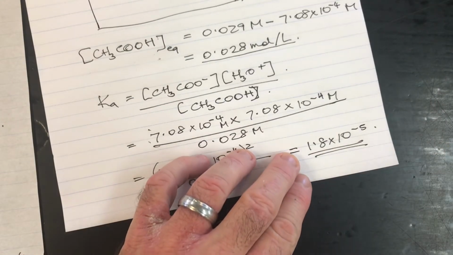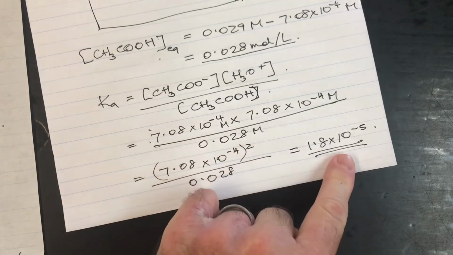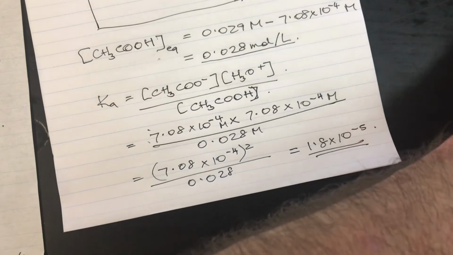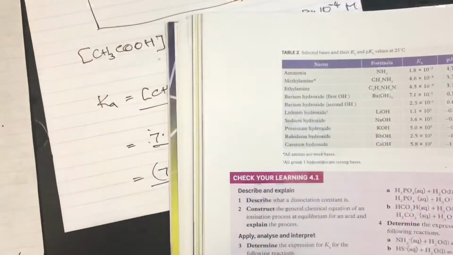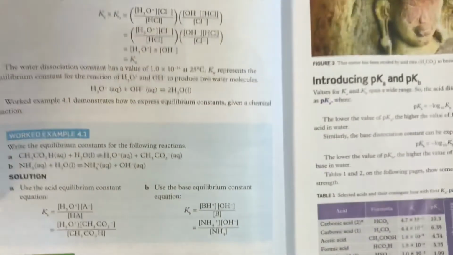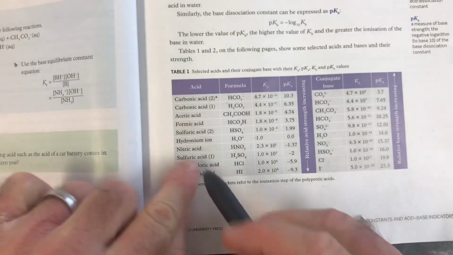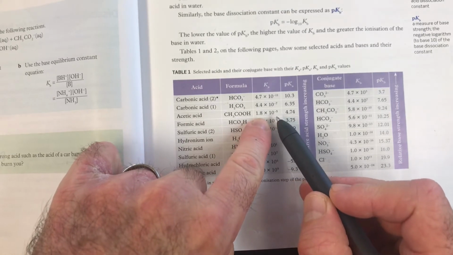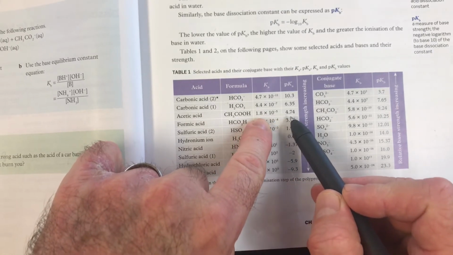Now, have a look at that number. Ka for acetic acid is calculated at that number. If you compare with table 1 from the chapter before, here we go, acetic acid 1.8 times 10 to the power of negative 5, pKa of 4.74. So what does that number tell you?